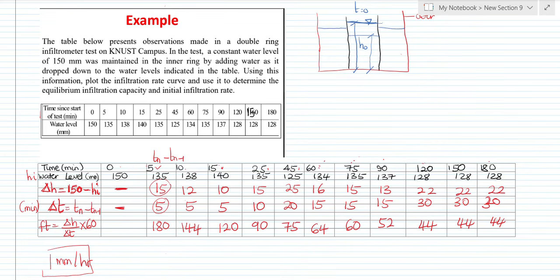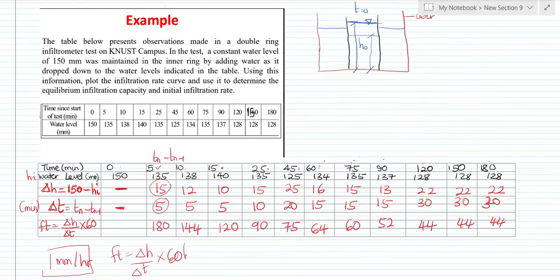Okay, so after finding the infiltration rate using the formula, that is the change in water level over the change in time, because we want our unit to be in millimeters per hour, we multiply by 60 minutes, because the time was in minutes.